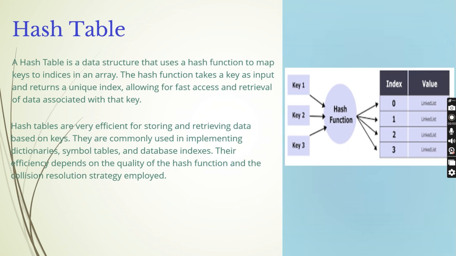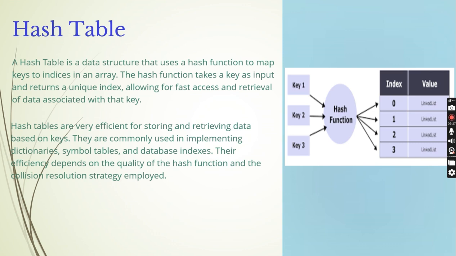Hash table. A hash table is a data structure that uses a hash function to map keys to indices in an array. The hash function takes a key as input and returns a unique index, allowing for fast access and retrieval of the data associated with that key.